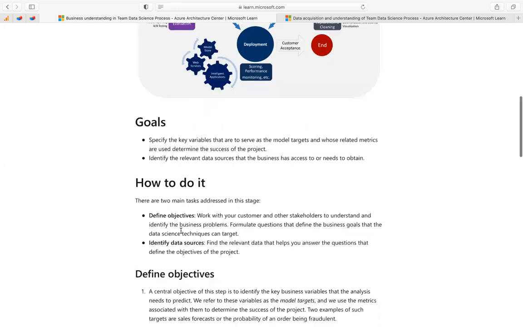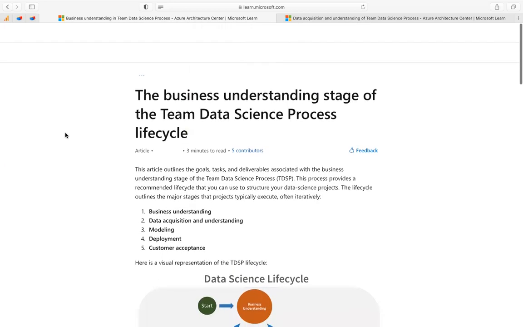This is what we term as the business understanding stage of the data science process life cycle. You can do all these at the business understanding stage. Now, when you understand all these, or when you are able to detect all these, you move to the next cycle, which is data mining.